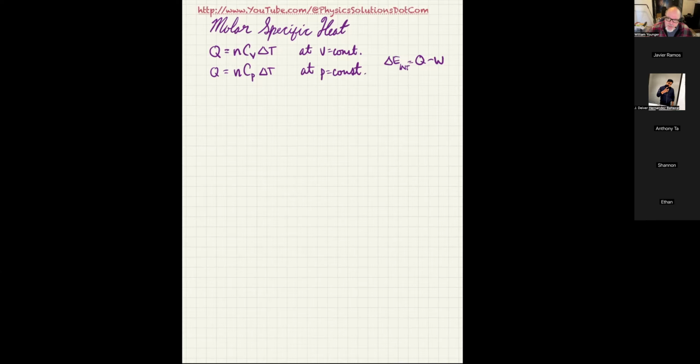So v sub x will have a certain amount of energy. V sub y will have the exact same amount. V sub z will have the exact same amount. I omega squared about the vertical axis would be an equal amount. I omega squared about the horizontal axis would be exactly equal to the amount of energy that v sub x had. And then the kinetic energy of the vibration would be equal as well. So all of those have an equal amount of energy, and that's what the equipartition theorem says.